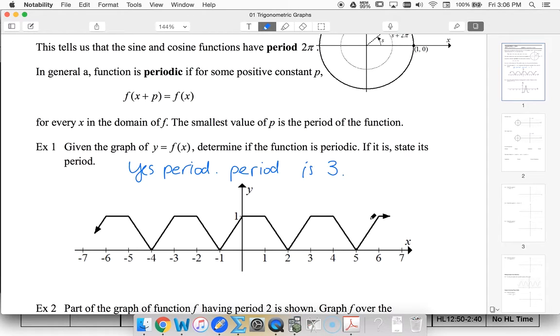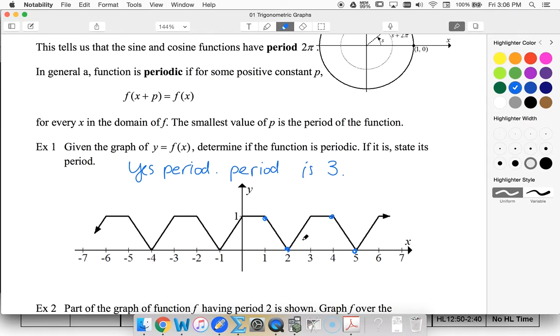Notice it doesn't matter where I start counting from. So I could say from 2 to 5, we've completed a full cycle, but I could also say from 1 over to 4, I've completed a full cycle. So going from 2 to 5, I would say that my cycle is a full up, across, down.